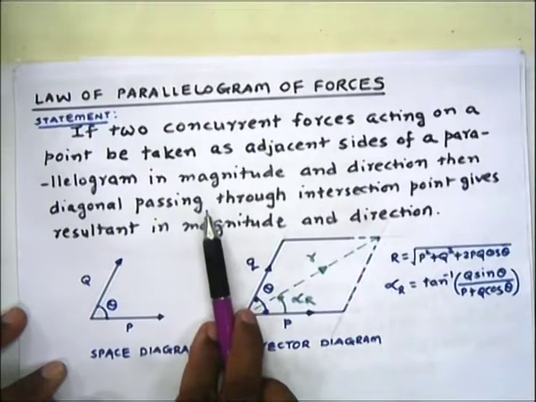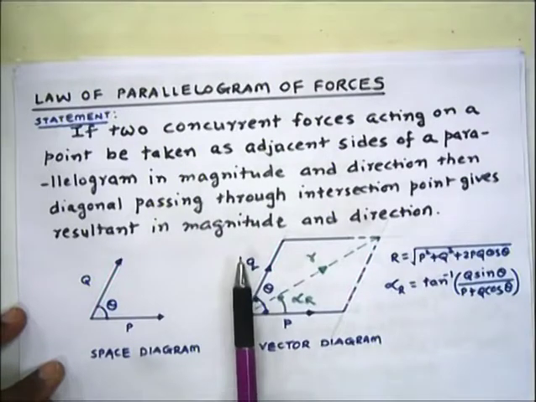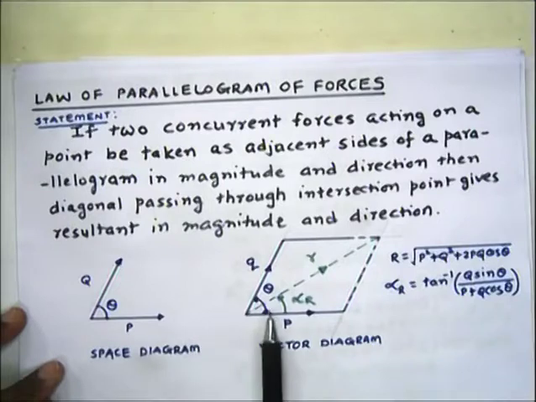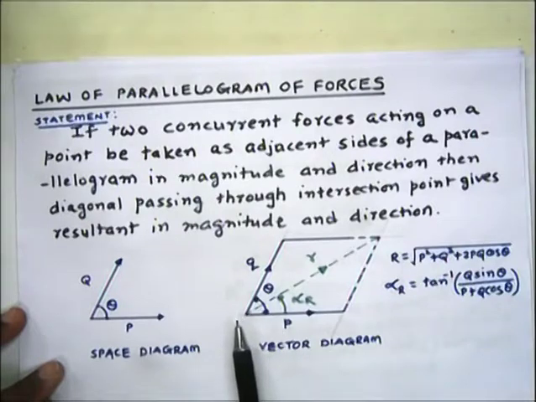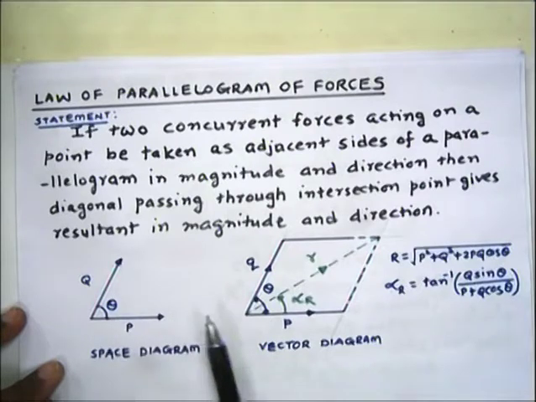Once again, repeating the parallelogram law: if two concurrent forces, that is this and this, acting on a point, can be taken as adjacent sides of a parallelogram, that is this side and this side, in magnitude and direction. In magnitude and direction means we have taken this parallel to this force, drawn to scale, so it is in magnitude, and parallel to this, so it is in the same direction.